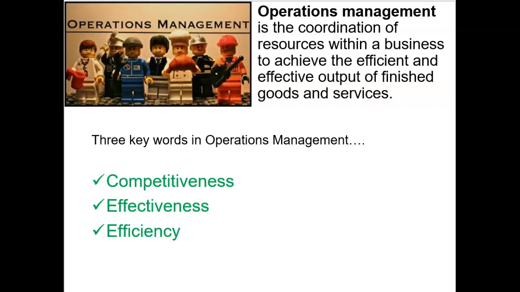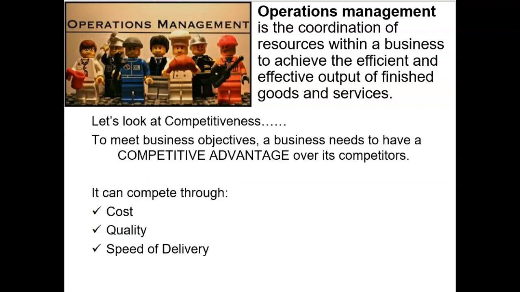All very important terms, and it's why this first introductory PowerPoint today is so important for the overall operations management topic. You need to understand these topics to be able to answer some of the more in-depth questions as we get further along into the operations management topic. So let's look at competitiveness first.